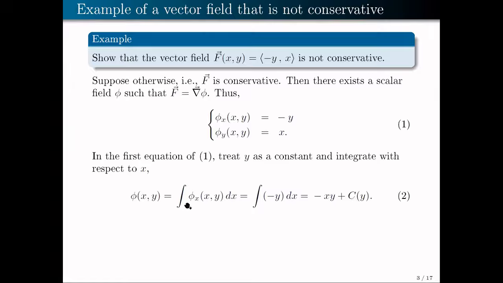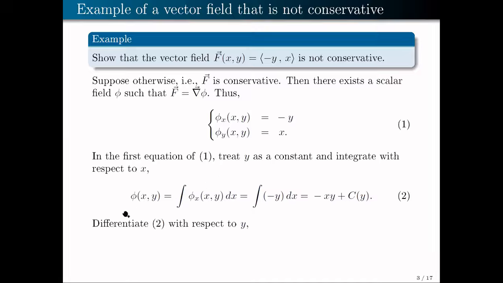Okay, so we now have an expression for phi of xy. However, we still have to find the expression for c of y. So let's go back to equation 1. Here we have phi sub y equals x. And we have here phi of xy.